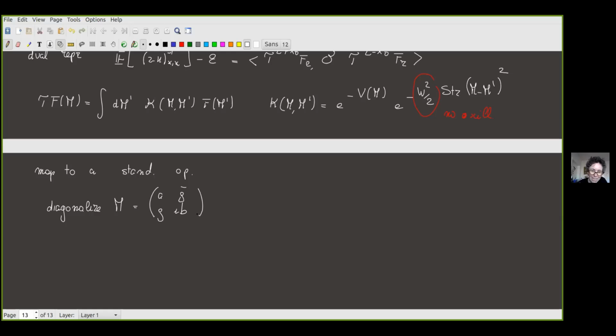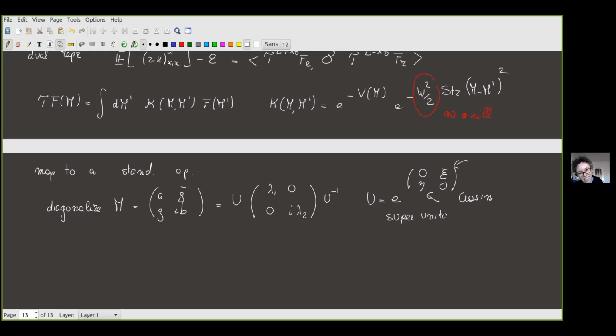But now the unitary matrices will contain Grassmann variables. So actually we can write it in this way: U times diag(lambda 1, I lambda 2) times U inverse, where U is the exponential of a matrix with psi and eta, where these are Grassmann variables. So these are super unitary matrices.